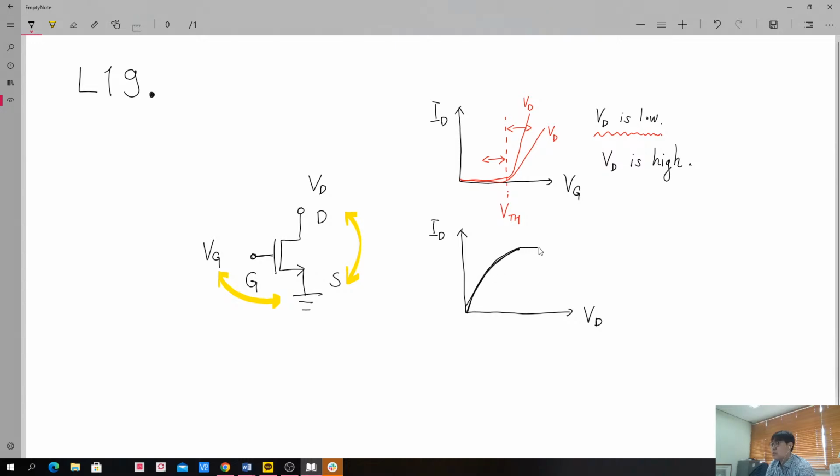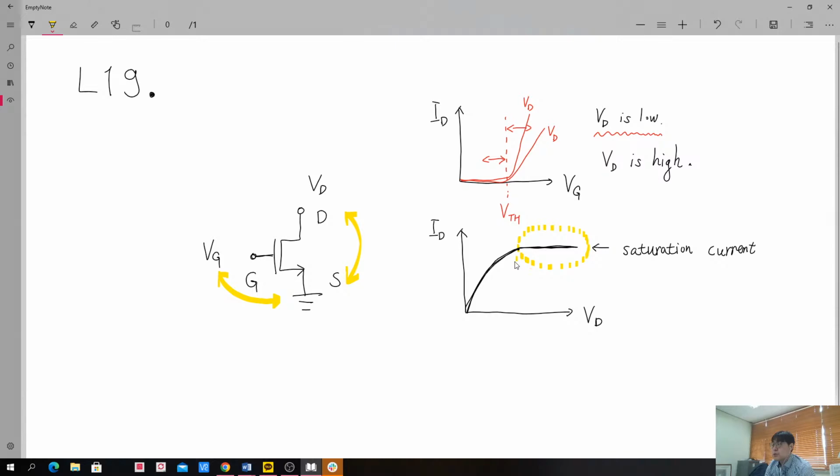After that, there will be a saturated value. This corresponds to the saturation current, and of course this operational region is also called the saturation region.